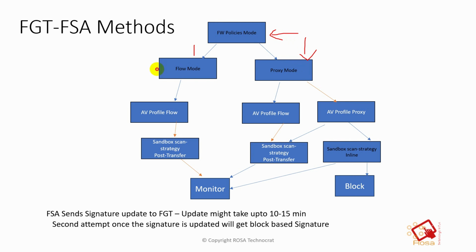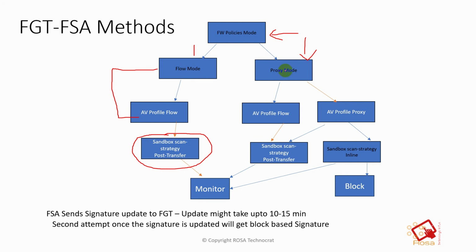So if the firewall policy is in flow mode, and AV profile is also in flow mode, then you only have the option to do a post transfer in the sandbox scan.